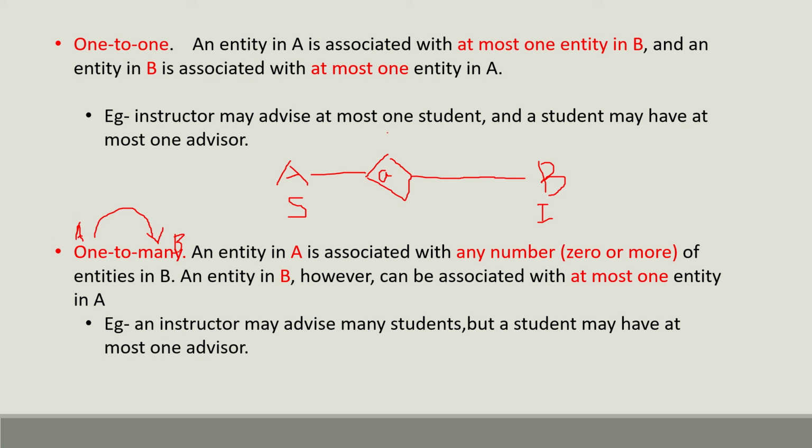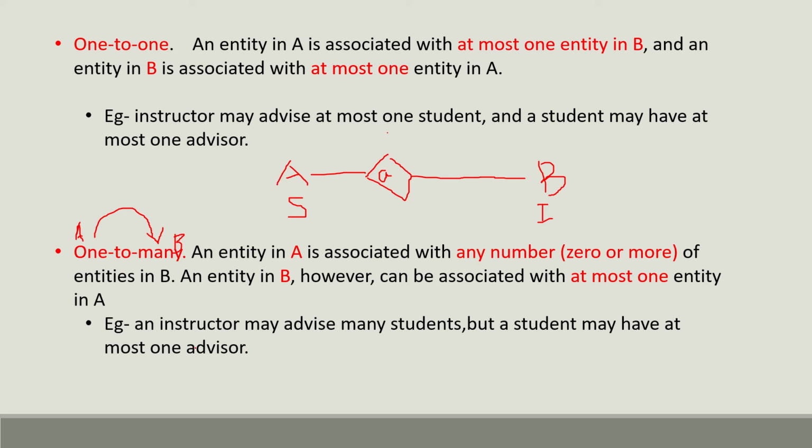If you take one entity in B, it is related to at most one entity in A. Each time you have to consider one entity. One entity in B is associated with at most one association in A. So that is the meaning of a one-to-many relationship.